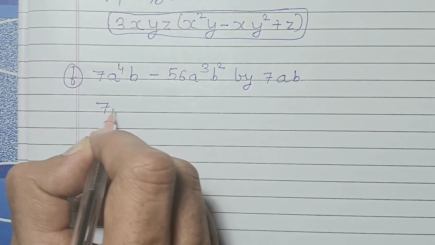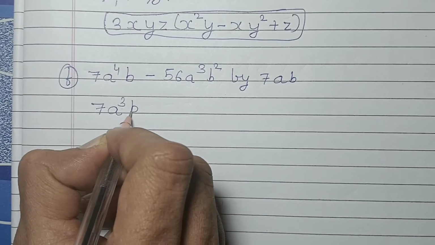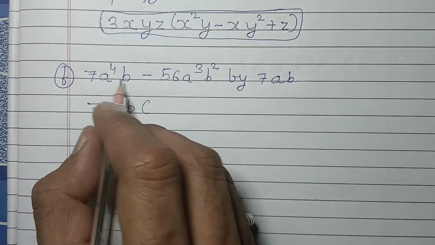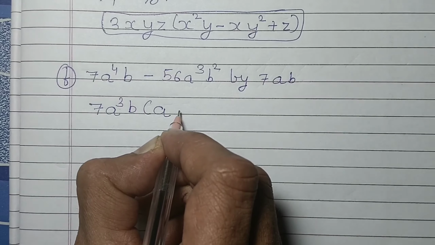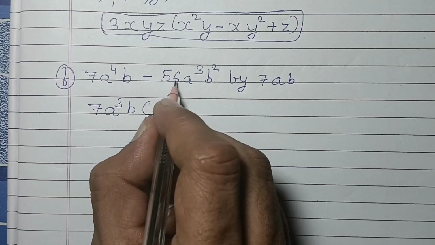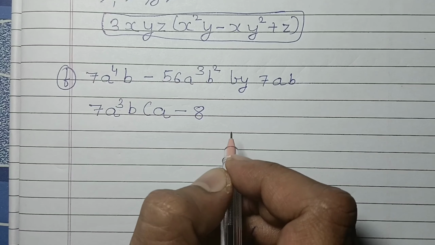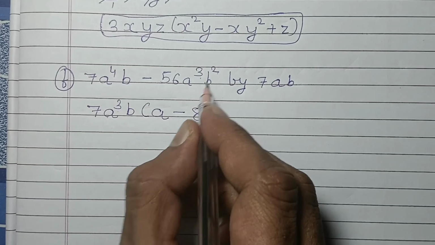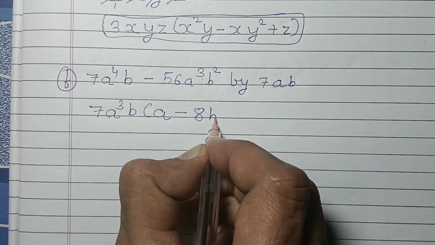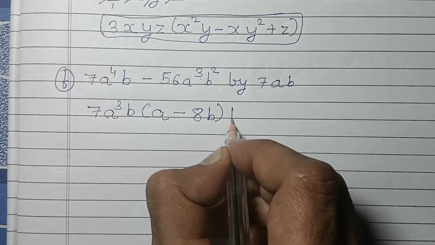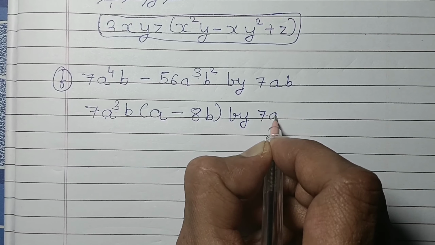So 7 a cube b, if I take out common, the remaining term here will be a minus, 7 8s are 56, so here 8 will be remaining, and because already we have taken out a cube and b one time, so here only b will be remaining, and we have to divide this by 7ab.